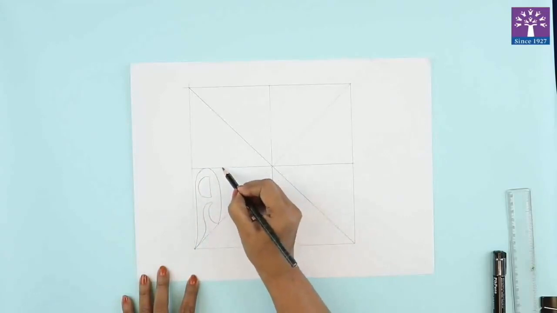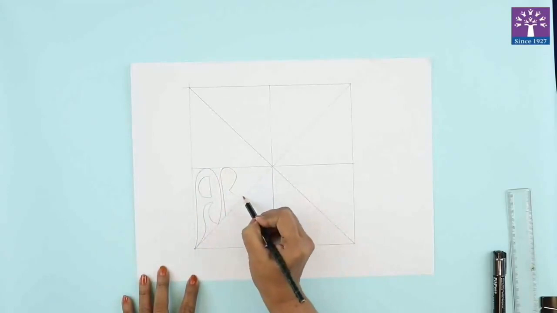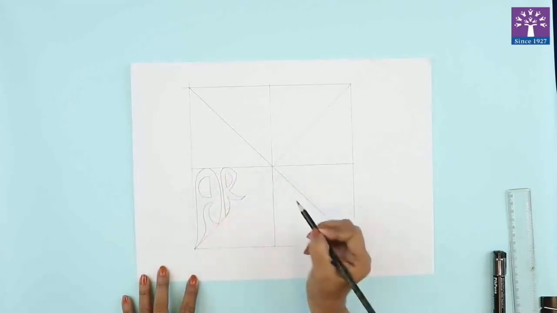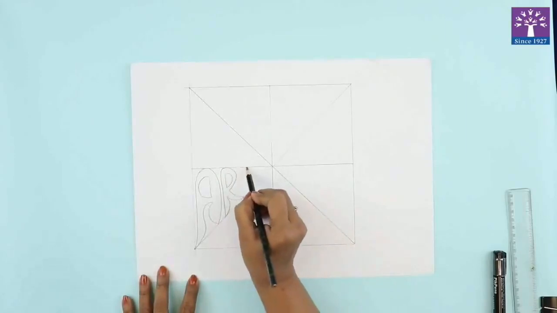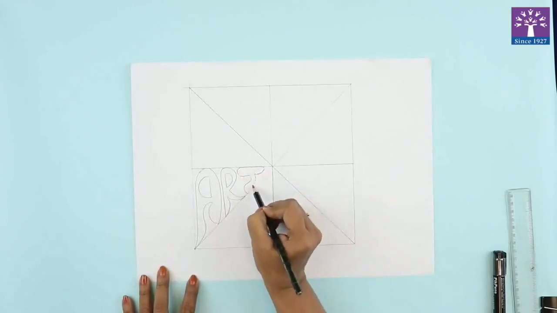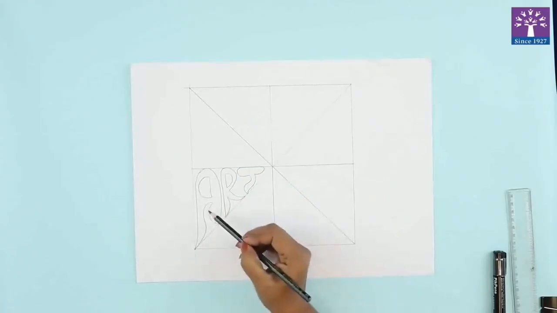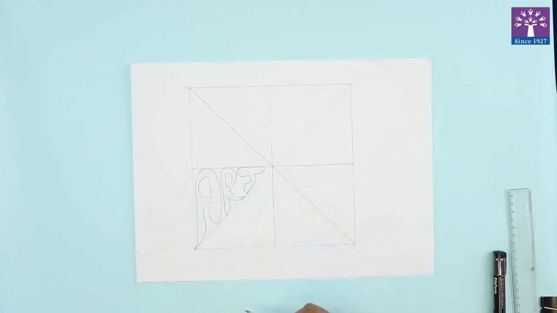A, R and T. I've used the fancy lettering technique. If you want, you can write it in block letters.